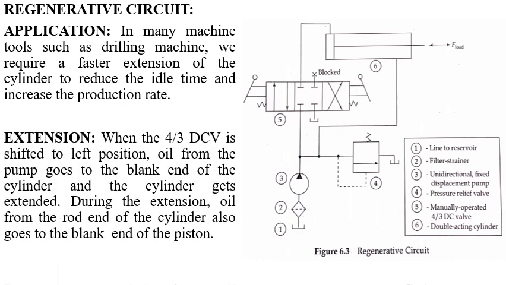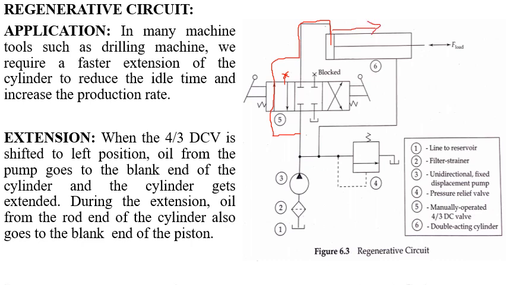In the extension stroke, what will happen? Look into the diagram. Here the pump is connected to this port, and this one is blocked, so the pump flow goes to the cylinder and the cylinder is extended.